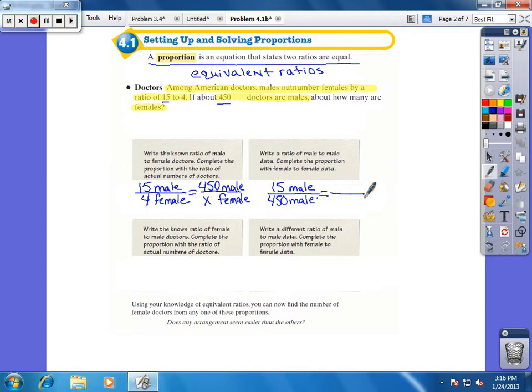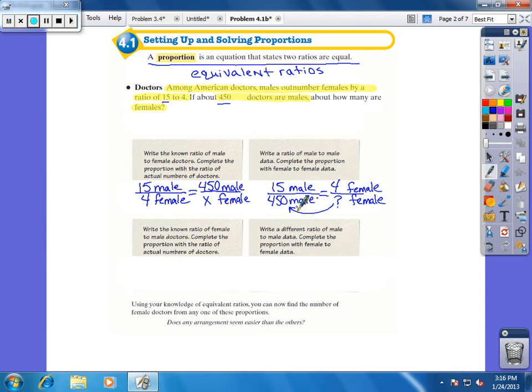Now, on the other side of our proportion, we're going to need the rest of the information, which is the female doctors. The part, the 4 females, is going to be on the top along with the 15 male doctors, and our unknown is going to be on the bottom related to our 450 male doctors.